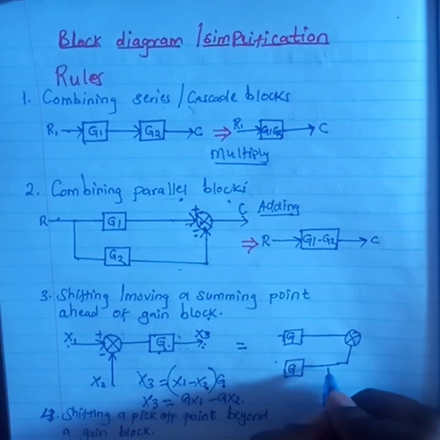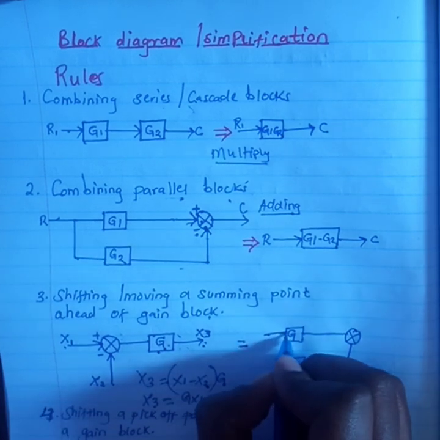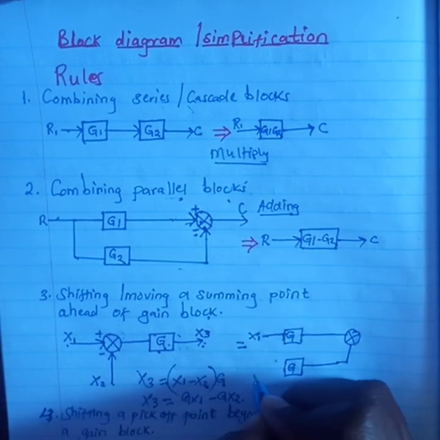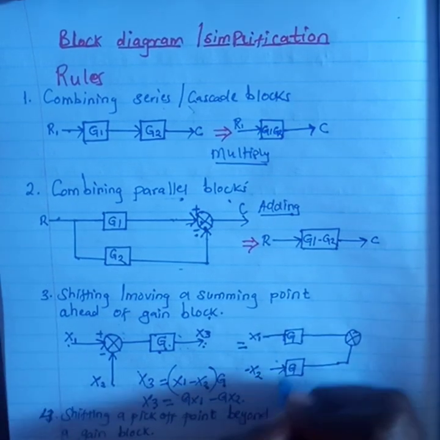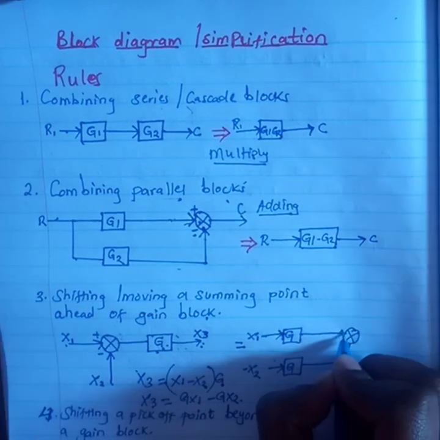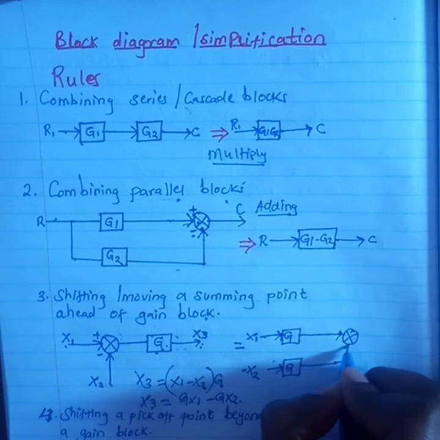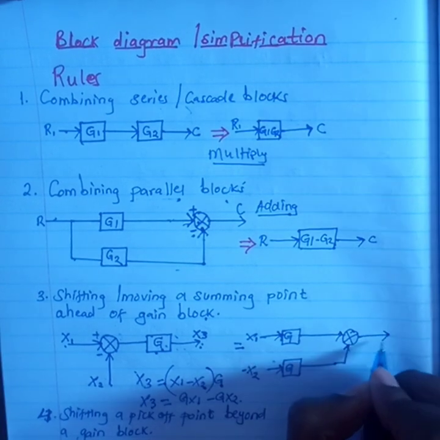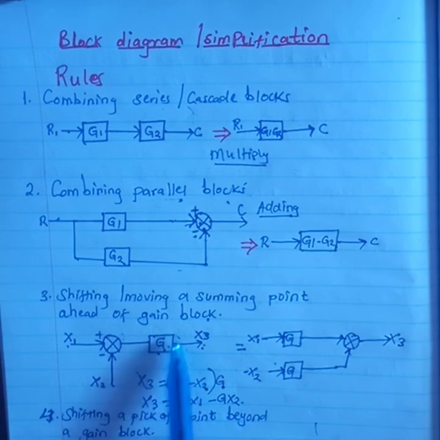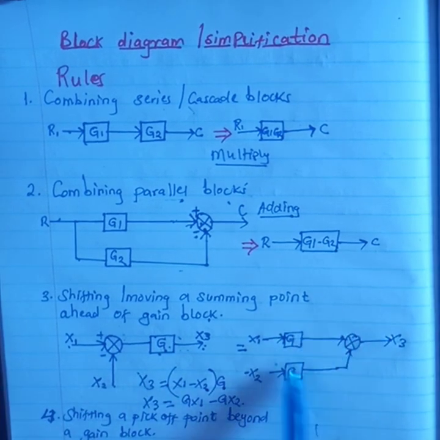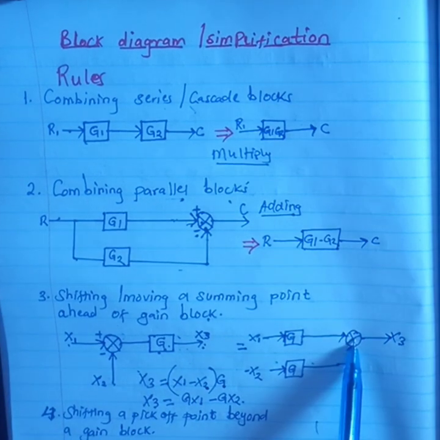Remember, this is my x1, which was positive, and this is my x2, which was minus. That's what we have. My output here was x3. So we can always represent the whole of this just like this: we shift this summing point and bring it ahead of the block.